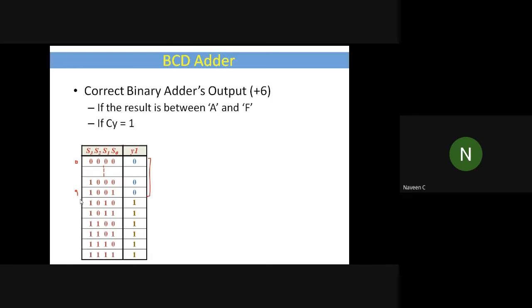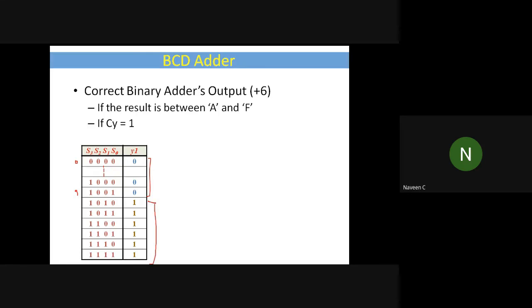From 0 to 9, since BCD is equal to binary, I keep my output as 0. My circuit should get triggered when the value is more than 9, so I am keeping these values as 1.